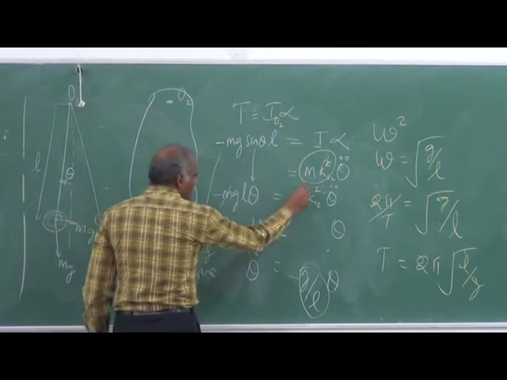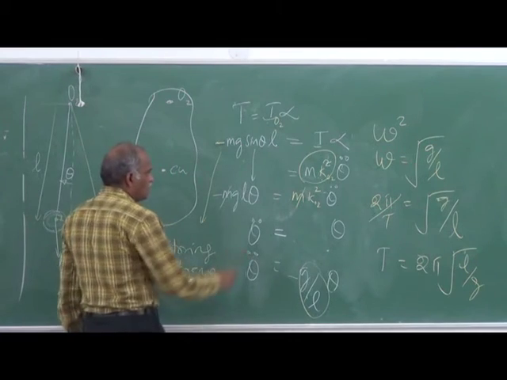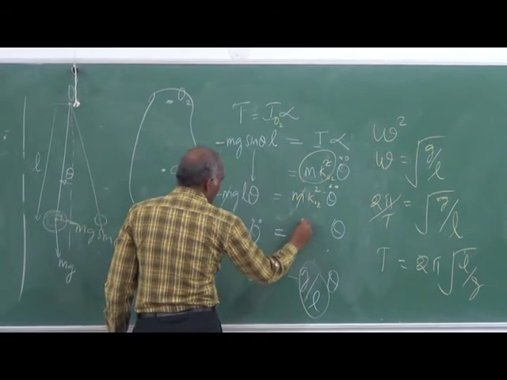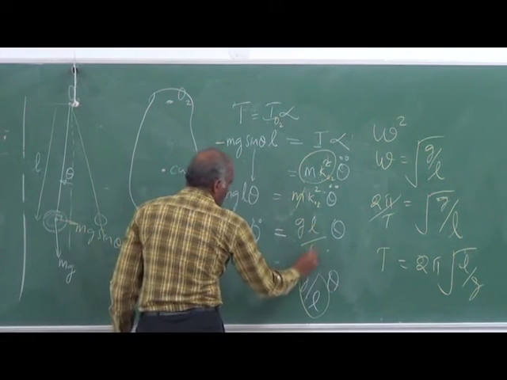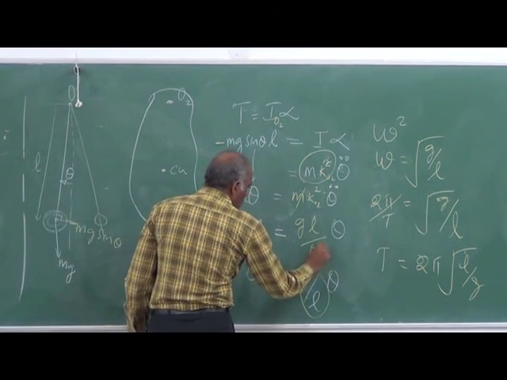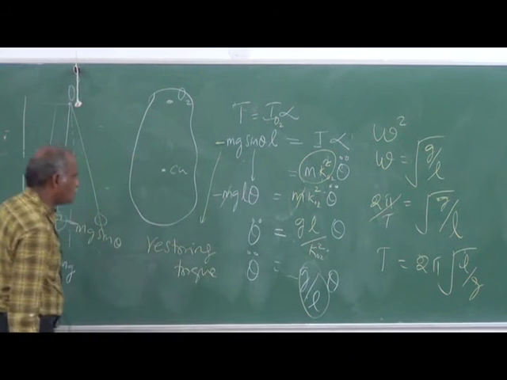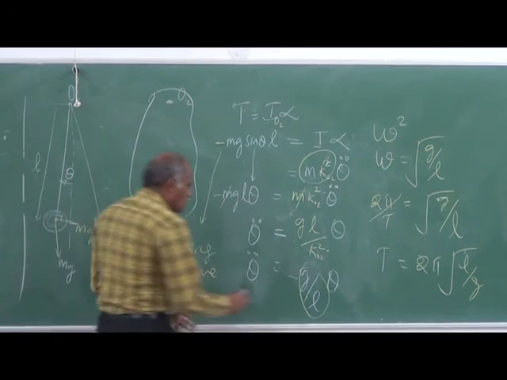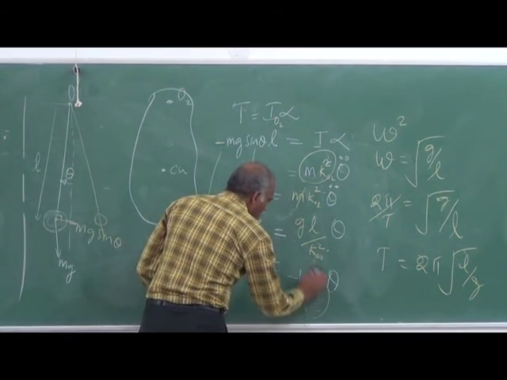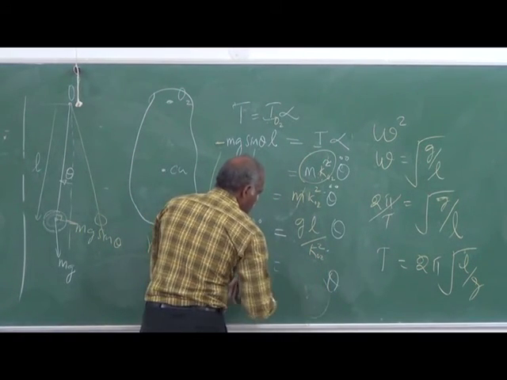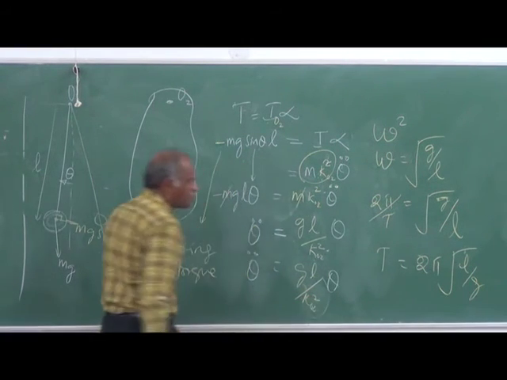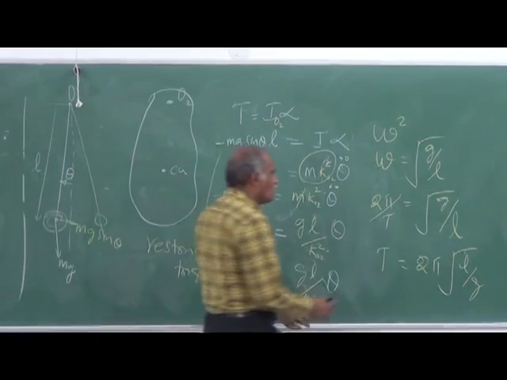So m can be cancelled. So theta double dot is equal to g L by k O2 square.